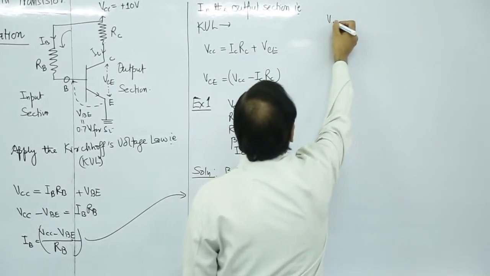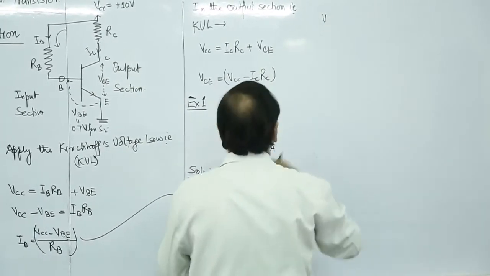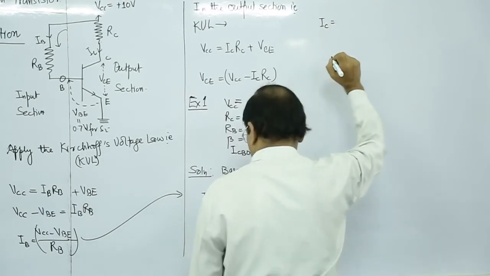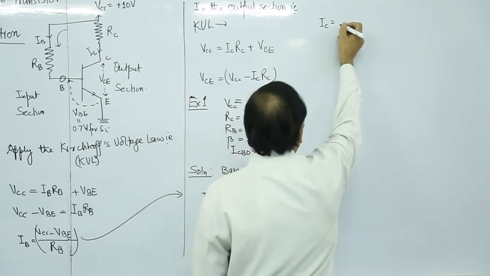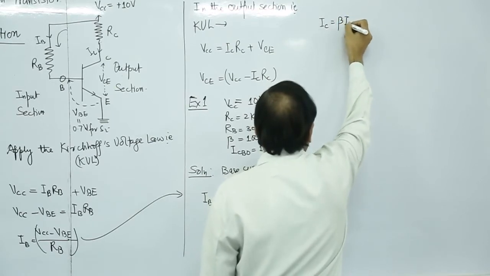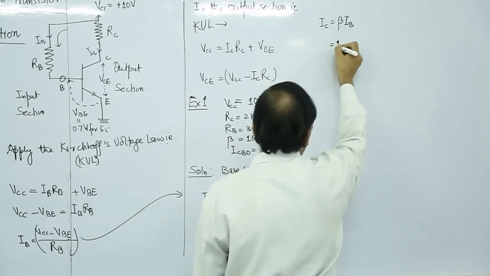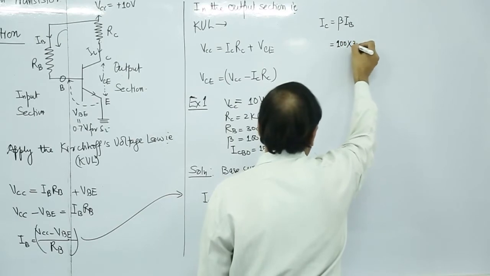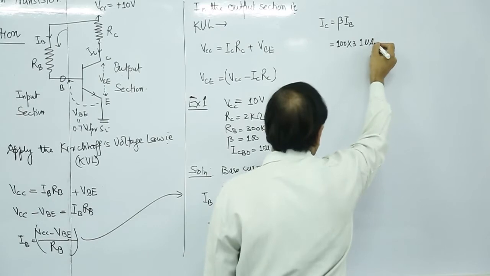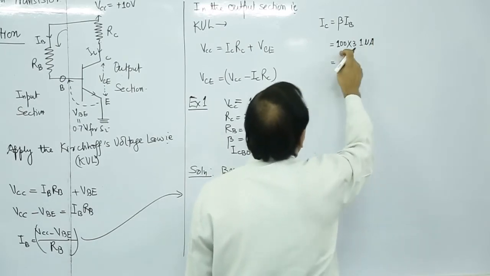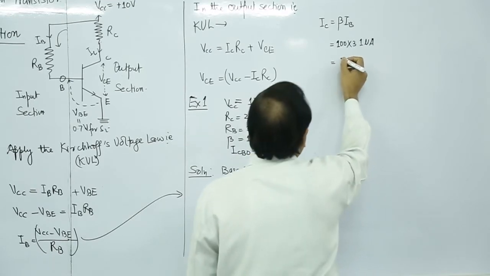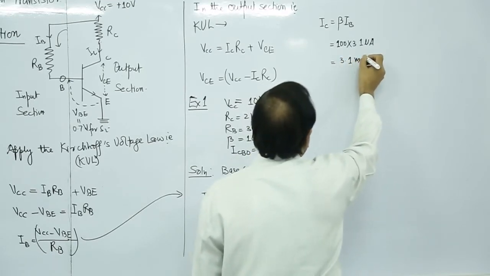And the IC here, this IC is equal to beta IB, beta is 100 into 31 microampere. So this is plus 2, this is minus 6, so it is 3.1 milliampere.